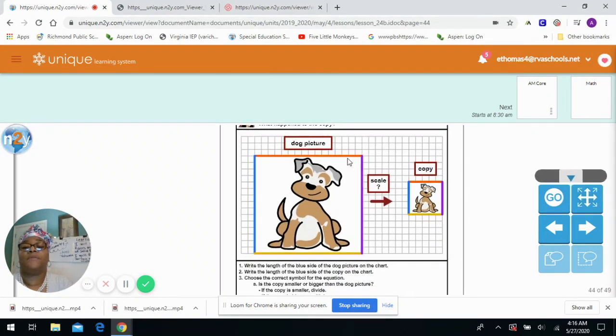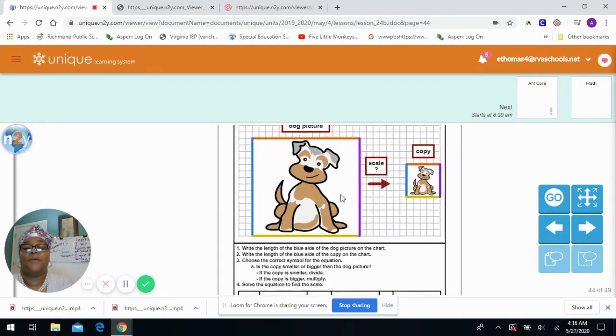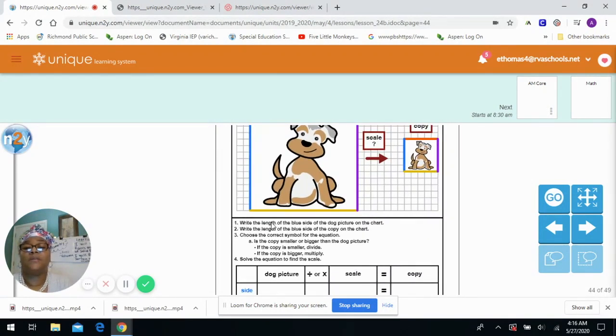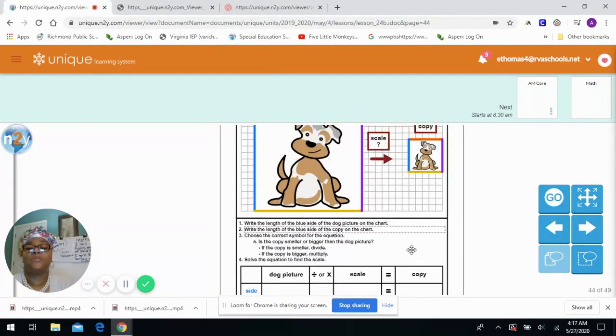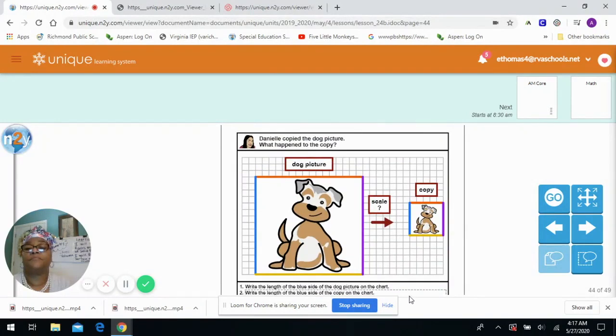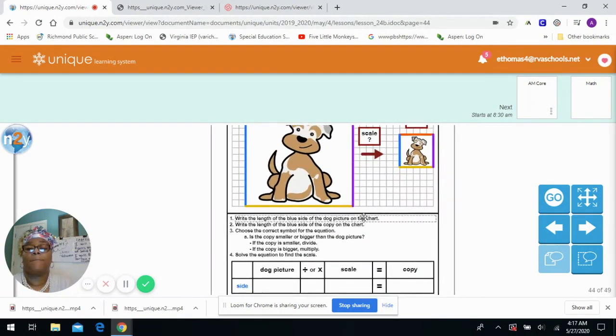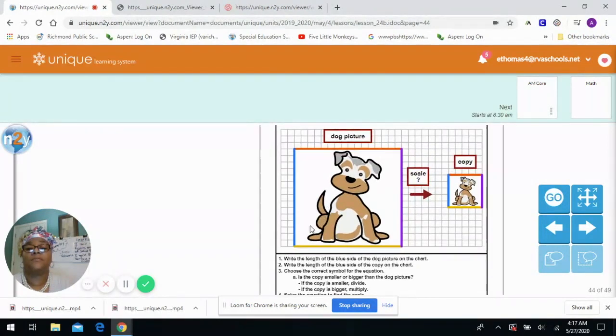So we have, this is the picture and this is the copy. All right, so write the length of the blue side of the dog picture on the chart. So what is the blue side?